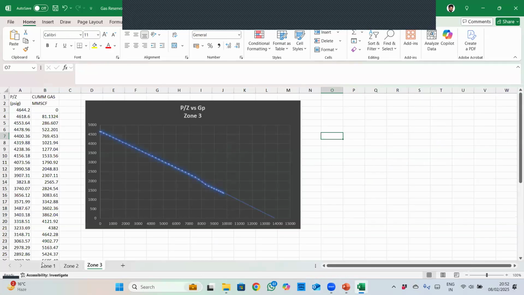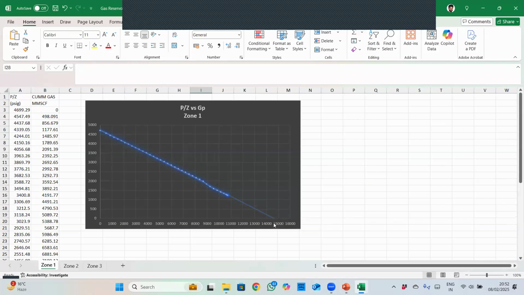So in gas, as I have shown you, we generally rely on a plot of P by Z and Gp. So I have data of P by Z versus Gp, cumulative gas produced. When I plotted P by Z versus Gp, I get a straight line with a constant slope, of course. And if I extrapolate that to the zero y-axis value, I get an x-intercept, which is my in-place gas.